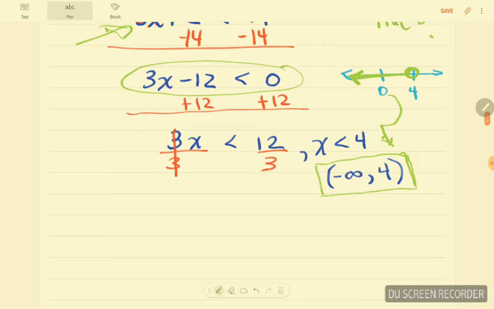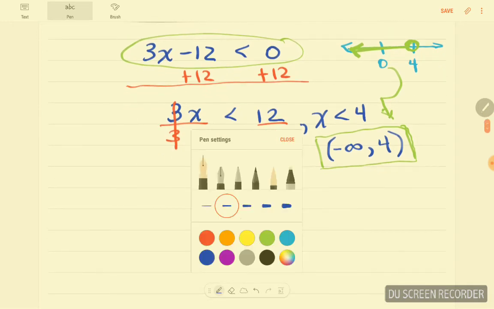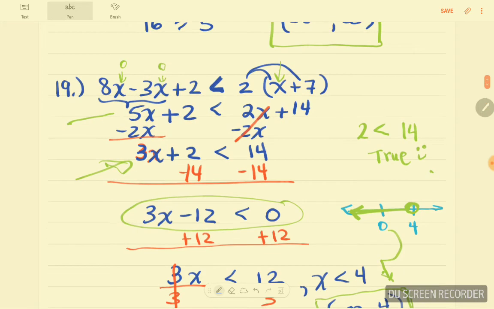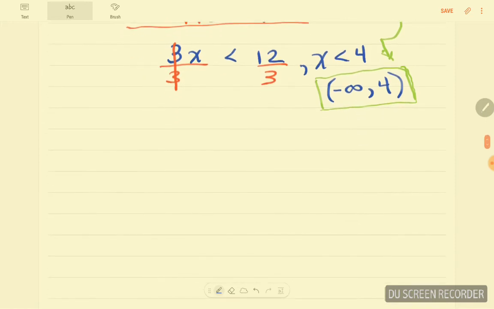So starting from there again, 3x plus 2 is less than 14. Rather than bringing the 14 over to the left side to set this inequality to 0 or less than 0, I could have just done this.